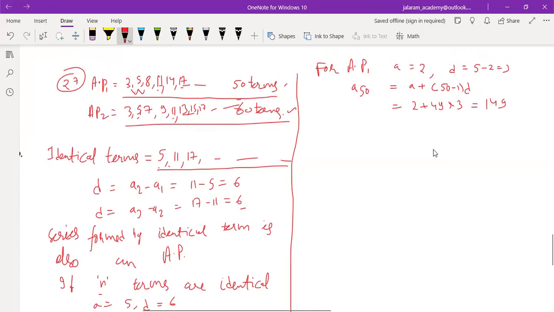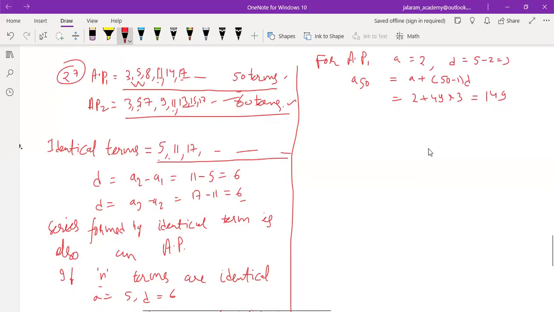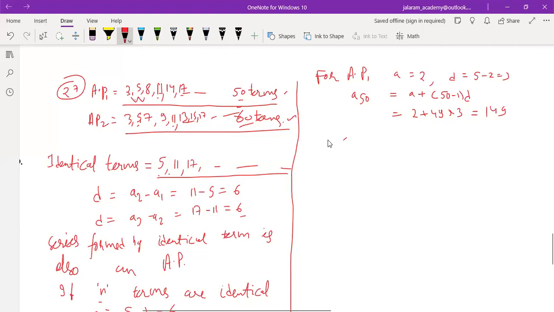Similarly for AP2, what is the value of the first term A? It is 3.